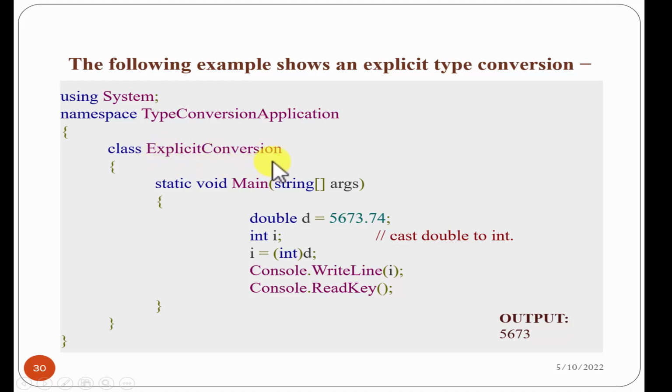This is your choice; you can take any class name or any user defined namespace name, but this system namespace name is system defined, so you cannot change it. Inside the class we have a main method, static void Main, and here we pass a string type array of arguments as command line arguments.